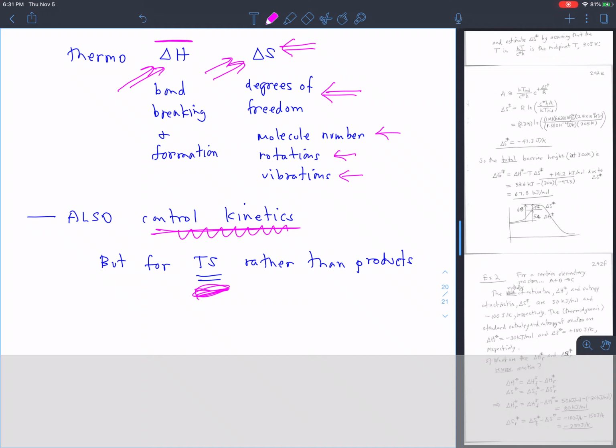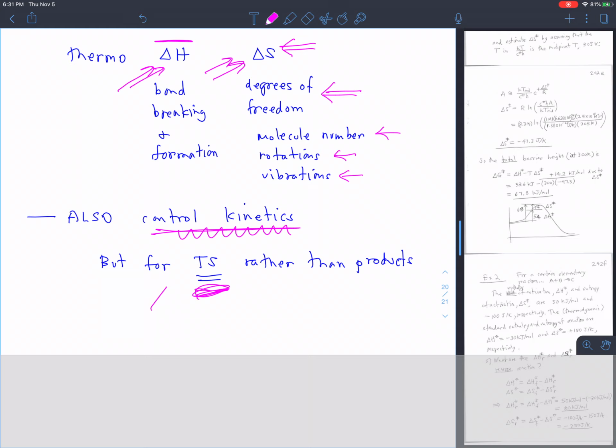Then by thinking about the transition state, rather than about the reactants and products, we also know what controls the kinetics. So I said before that thermodynamics informs the kinetics in a lot of ways rather than the other way around. Even though the thermodynamics is kind of embedded in the kinetics, very often it's the thermodynamics that we use to understand the kinetics.